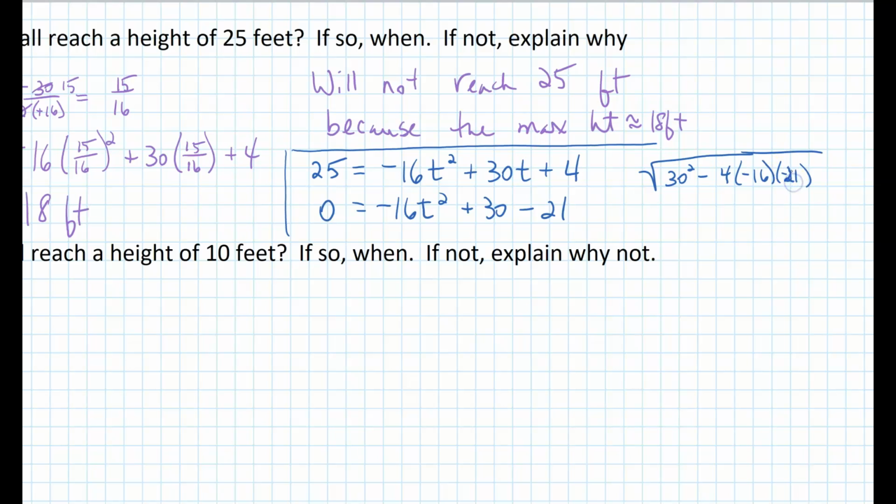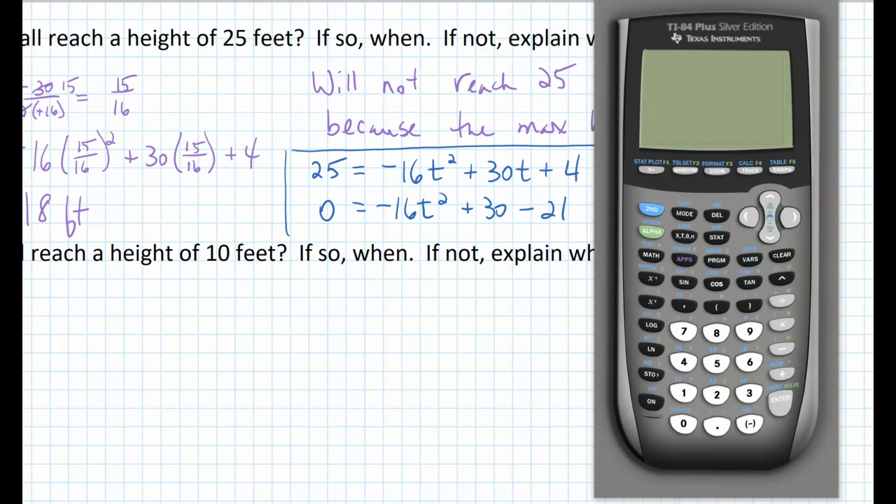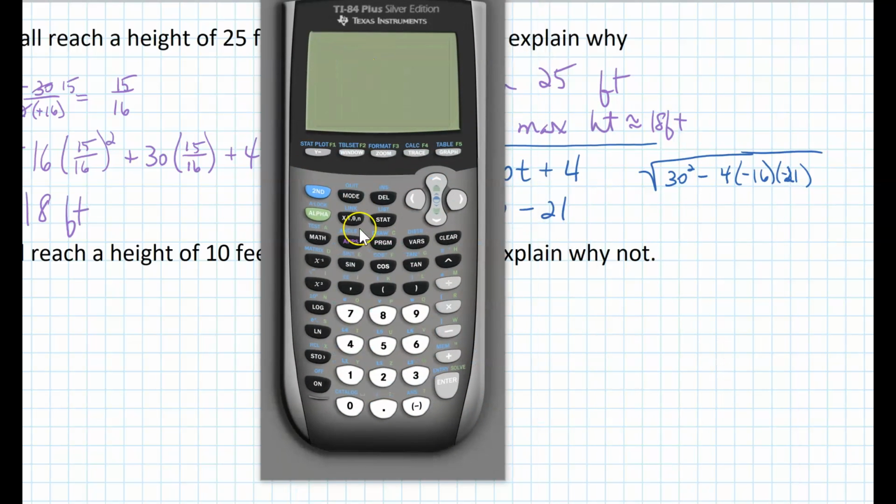Anybody get an answer? 30 squared is 900, minus 4 times negative 16 times negative 21. What is that? Negative 444.